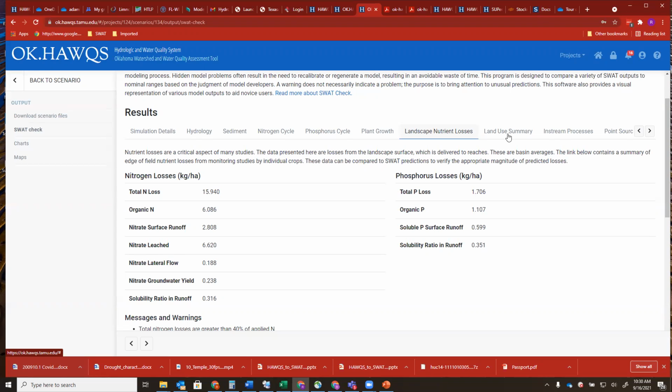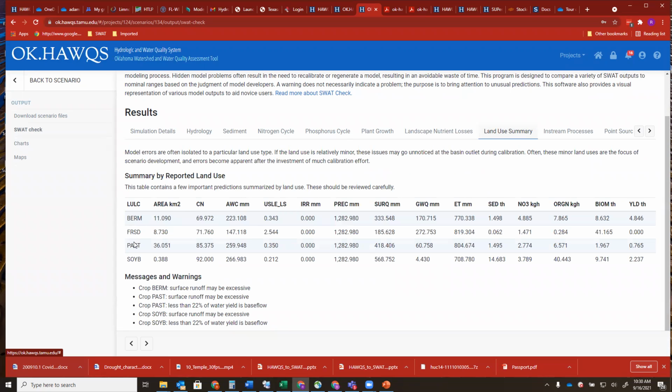Now, if you want to look at the results by land use summary, meaning all the major land uses in the watershed, like we had soybean, forest, pasture, and urban. In SWAT, urban is modeled in two forms. Remember, I told you the impervious and pervious. Impervious means the rooftops, parking lots, and buildings.